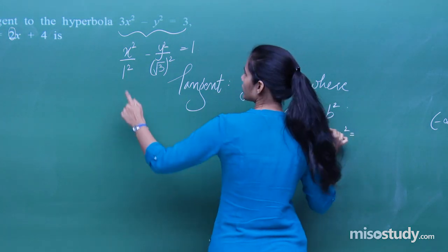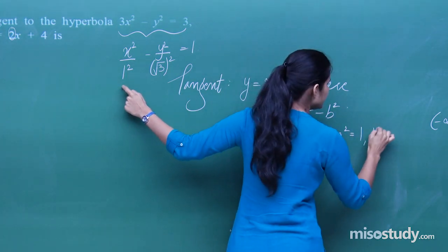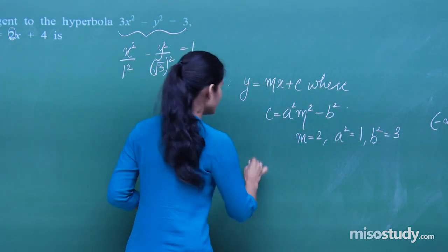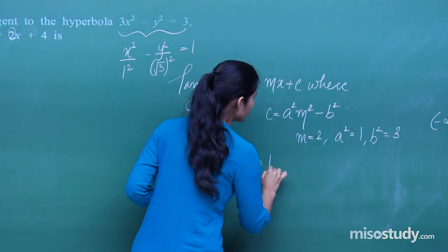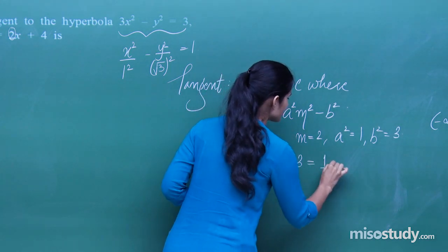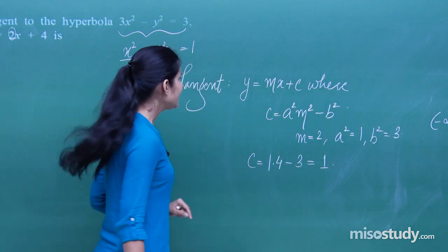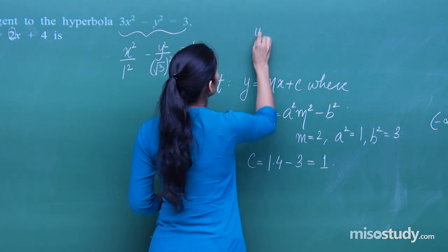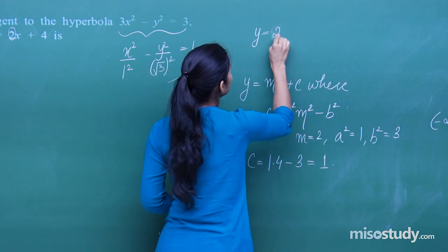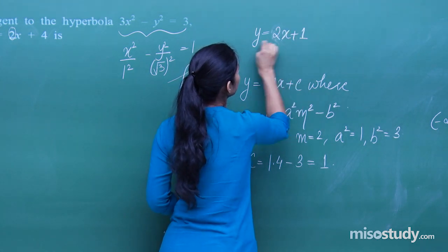Slope is 2, that means m is 2. A square is 1 and b square is 3. So c square equals a square m square minus b square, which is 1.